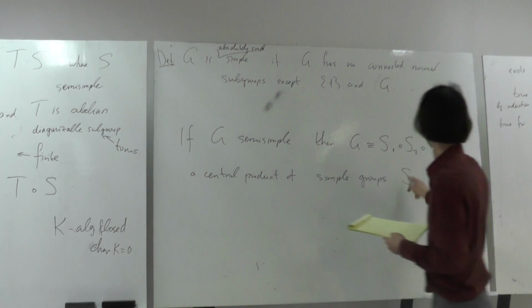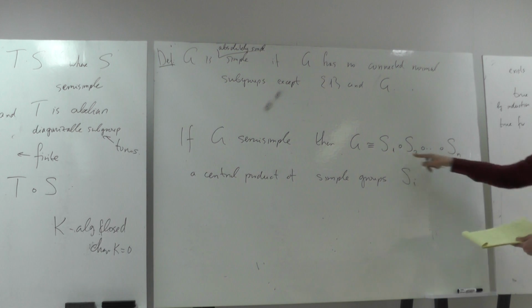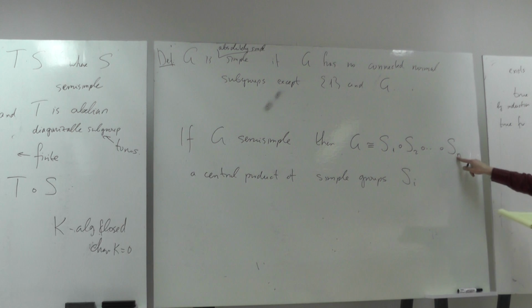Again, this means that each of these groups commutes with all the others, and they generate G. But it's not necessarily the direct product.